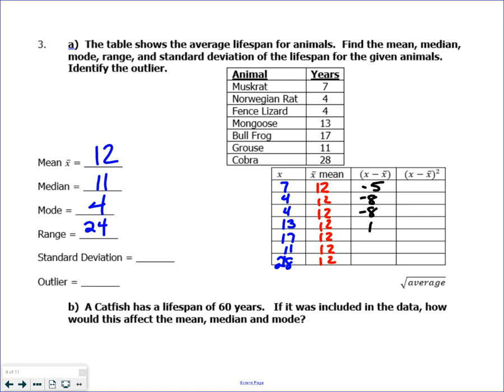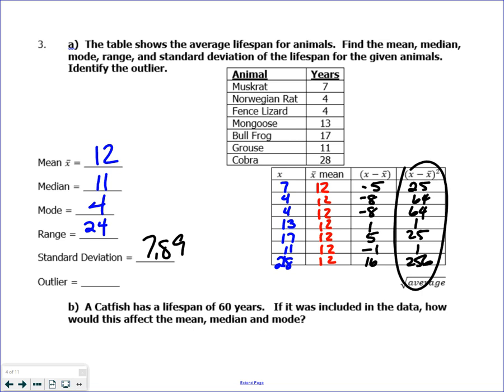And I know I'm going very quickly here, so you may want to pause the video to go ahead and catch up with me. I'm then going to square each one of these. And now, take the last column, add them all up, divide by how many numbers are, and then do the square root of that. And the standard deviation for this is 7.89.